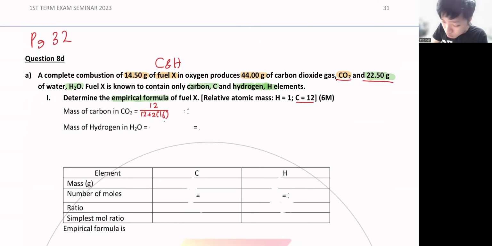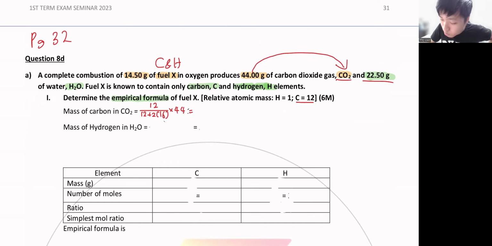The total mass is, oh, 44. Sorry, not 22.5. I read wrongly. 44 is for CO2.